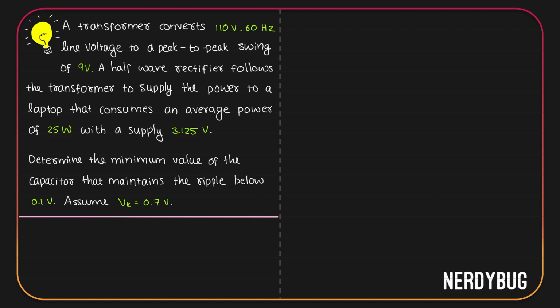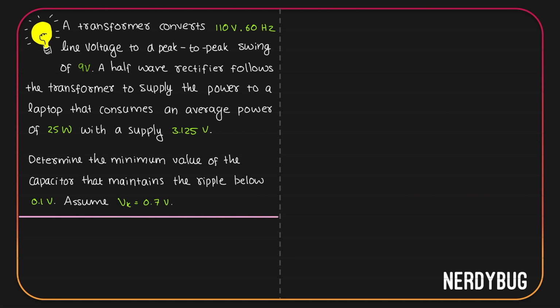That means when the supply is 3.125 volt, the laptop consumes 25 watt of power. We have to find the minimum value of the capacitor that maintains the ripple below 0.1 volt. It is given the knee voltage is 0.7 volt. So basically we have to decide the half-wave rectifier that will work according to the requirements.